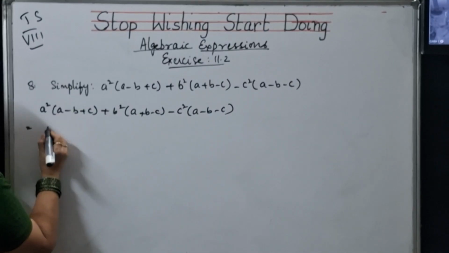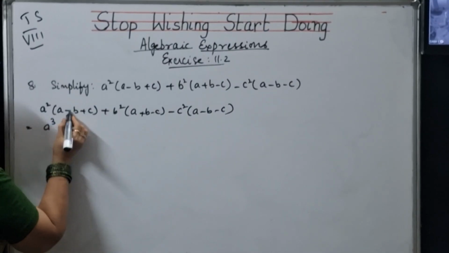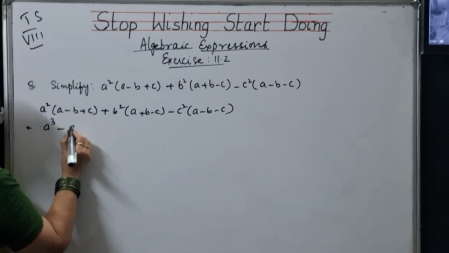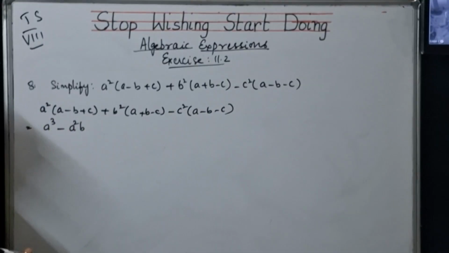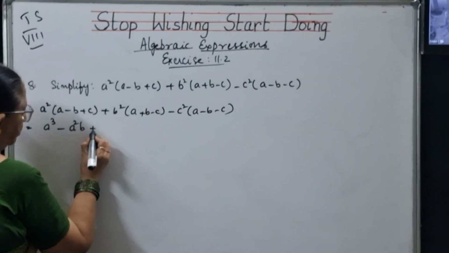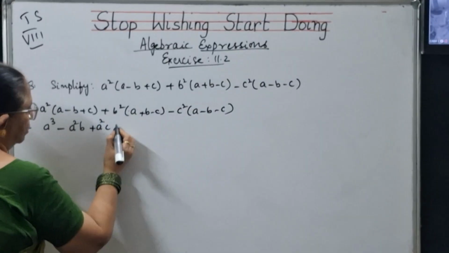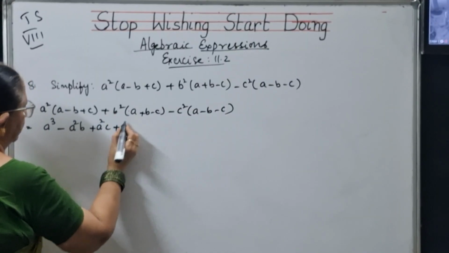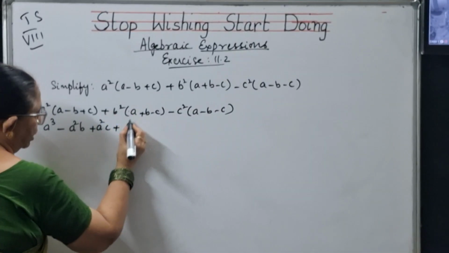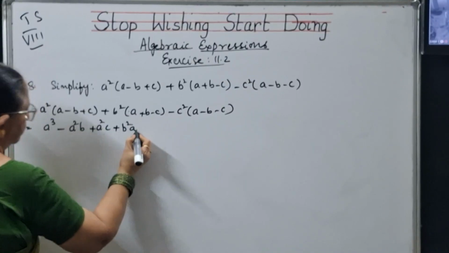A square into a is a cube, plus into minus minus a square into b is a square b, plus into plus plus a square into c is a square c. Again plus into plus plus b square into a is b square a.